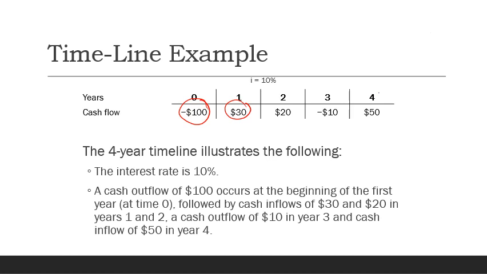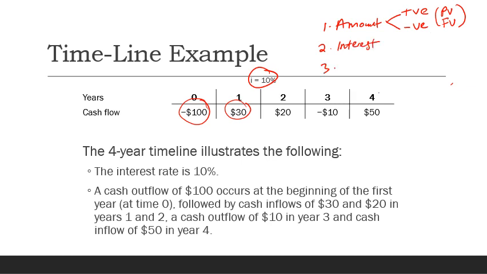The amount is either positive or negative, either in present value or future value. Number two, there must be information on the interest, and number three, the time.